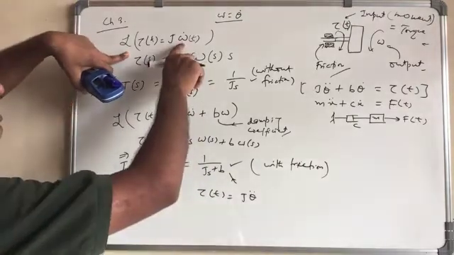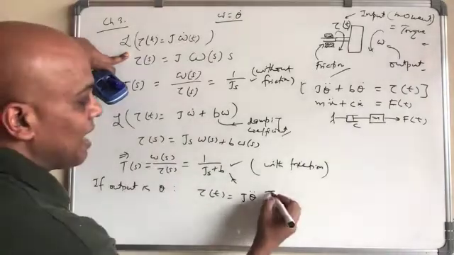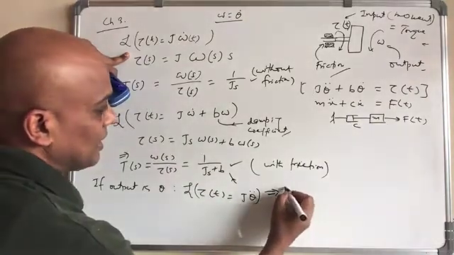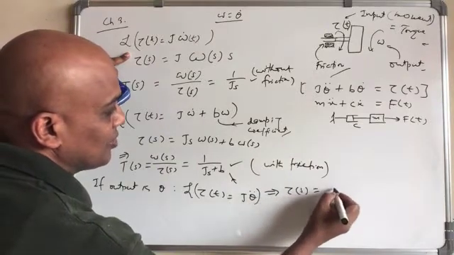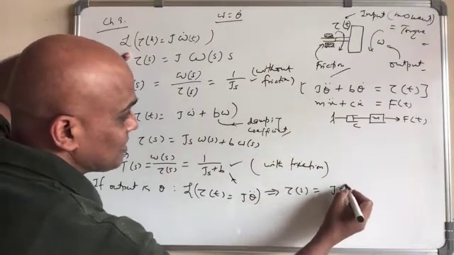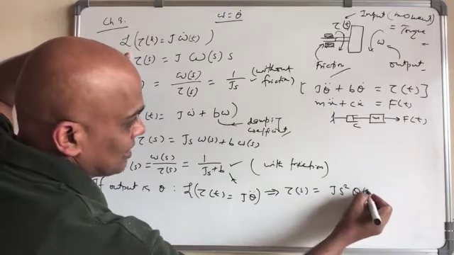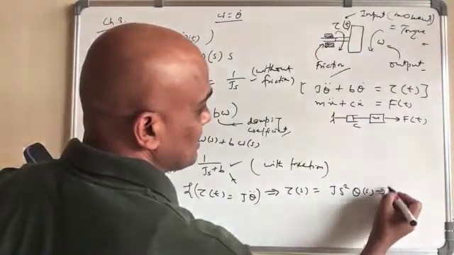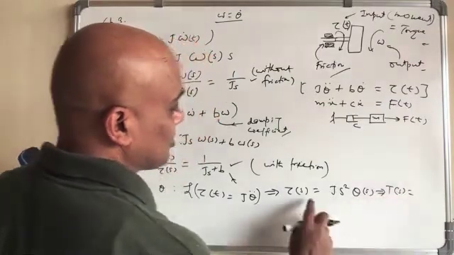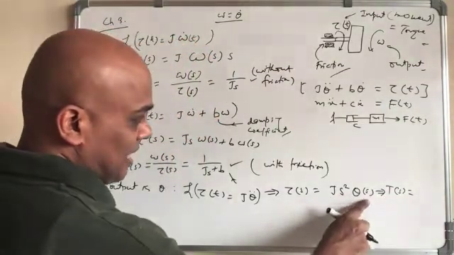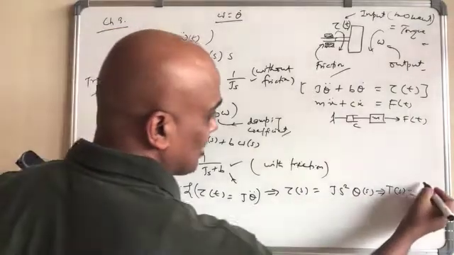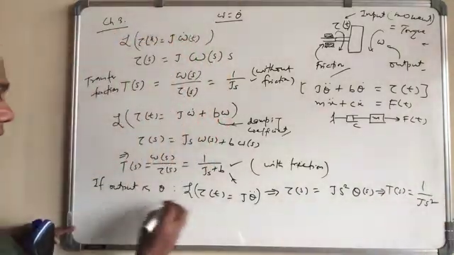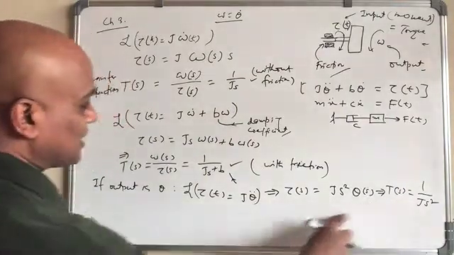Simply, instead of omega dot, you have theta double dot, and hence applying the Laplace transform you get tau(s) is equal to J s squared theta(s), and hence theta(s) over tau(s) will be 1 over J s squared. So this is without friction.